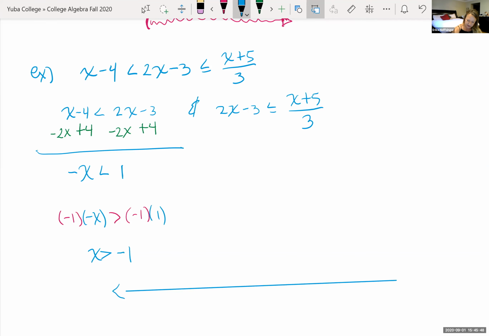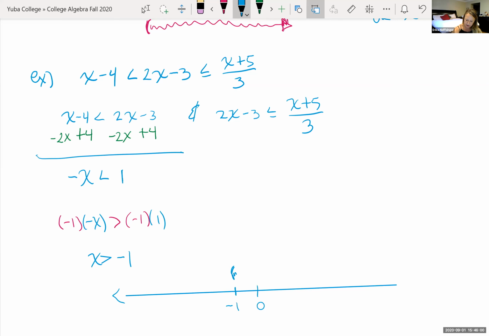So on the number line, we have from negative 1 to infinity. And I'm going to draw it above so I can just see where they overlap.